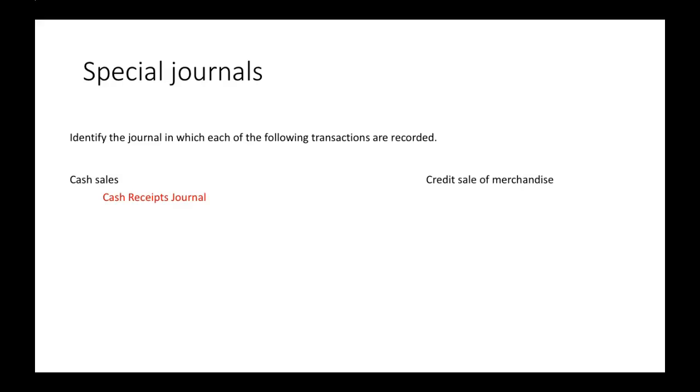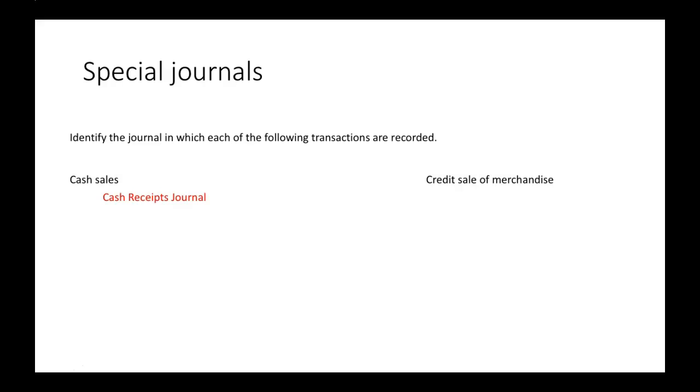Now our next one here, credit sale of merchandise. We can ask ourselves, is cash involved? The answer is going to be no, right? Because it's not a cash sale of merchandise. It's a credit sale, so it's a sale on account.